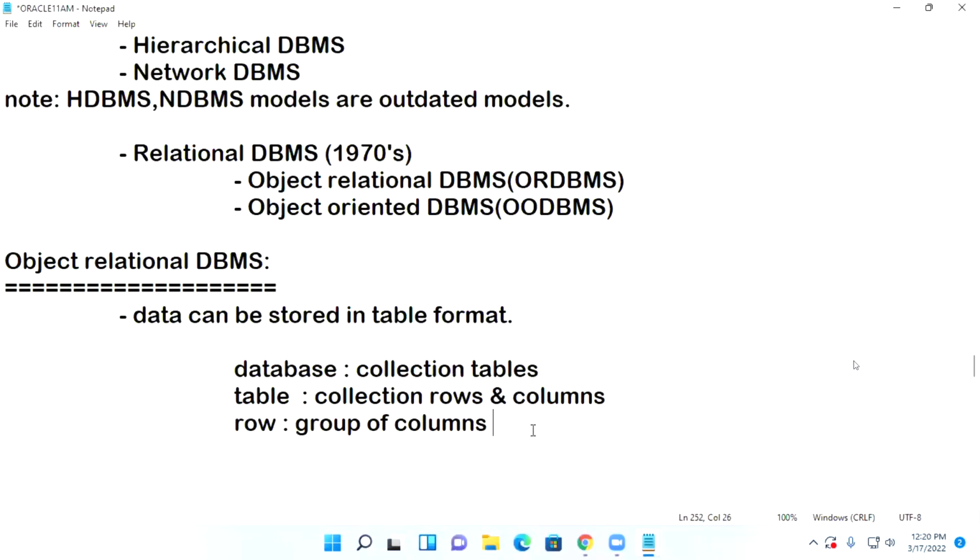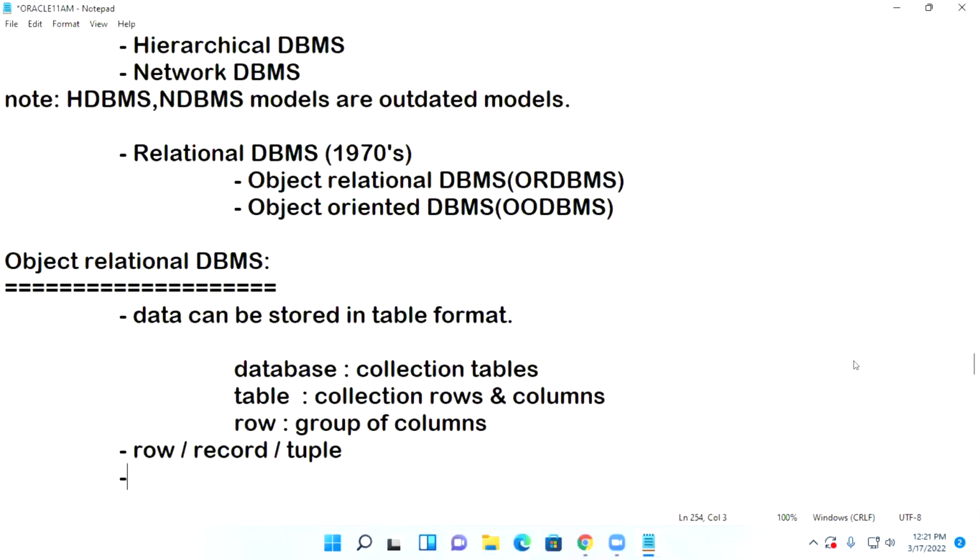In your table, a row can be called in different ways: a record, or a tuple. These are all the meanings of row.